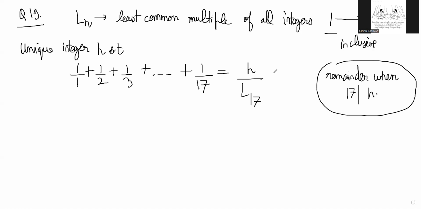Okay. So we have to find h somehow. Knowing that, what is L17? L17 is just the LCM of 1 to 17, right? Right. Okay.